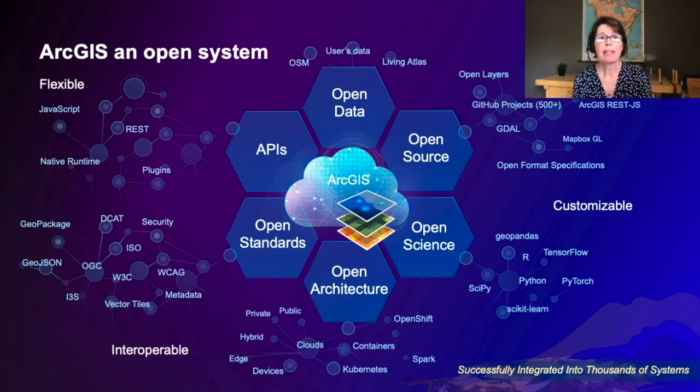For others, it means standard support, open source, and open APIs. And for others, it's about enterprise integration and pragmatic interoperability. Esri remains committed to an open design architecture that enables our users to work more easily within a heterogeneous IT environment across many types of data sources and applications.